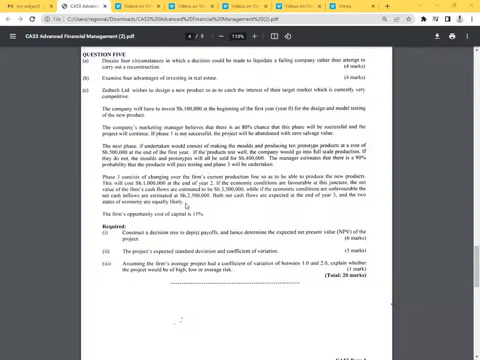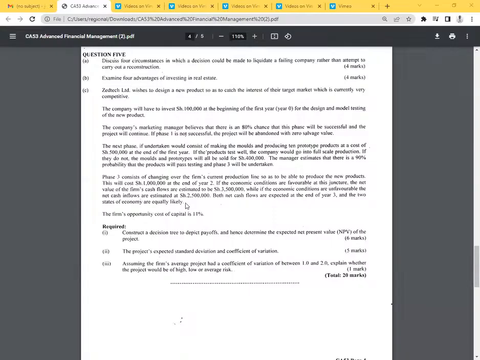If the economic conditions are favorable at this juncture, the net value of the firm's cash flows is estimated to be 3.5 million, while if the economic conditions are unfavorable, the net cash inflows are estimated at 2.5 million. Both net cash flows are expected at the end of year 3, and the two states of the economy are equally likely. The firm's opportunity cost of capital is 11%.